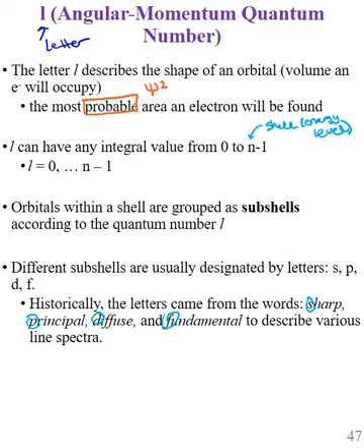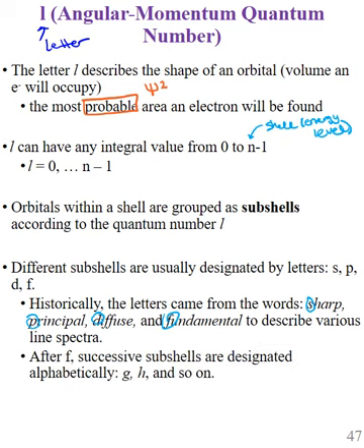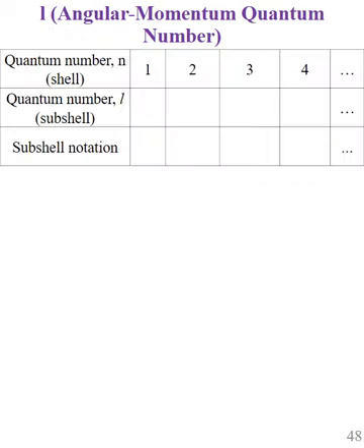You just really need to know what the subshell letters are designated as: S, P, D, and F. After F, successive subshells are designated alphabetically, so G, H, and so on. But the ones that are more common that we will use in chemistry are S, P, D, and F. The reason is that all of the atoms on the periodic table will use these 4 main subshells.